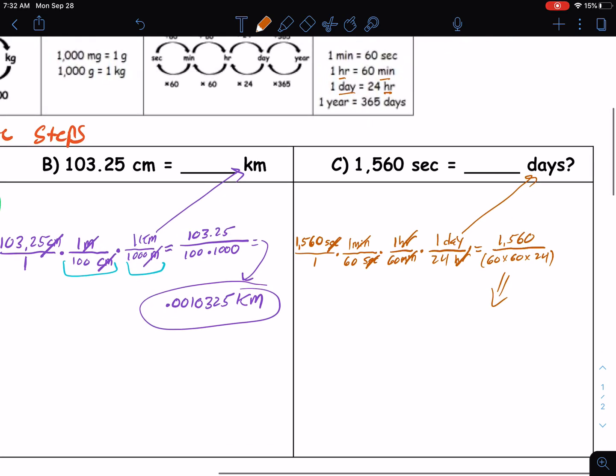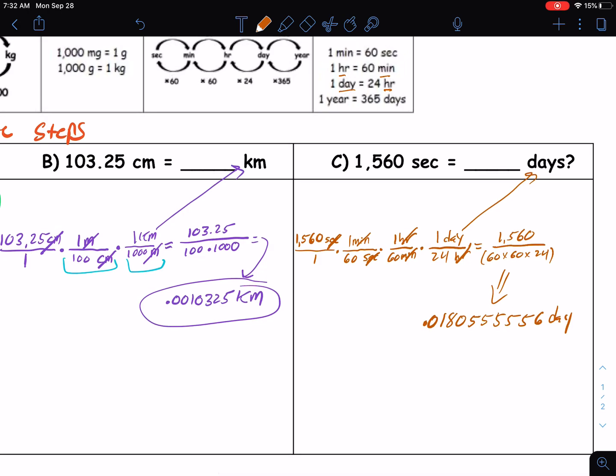After you plug that into your calculator, you get an answer of 0.01805555556 days. So even though 1,560 seconds sounds like a big number, it's not much of a day at all. It's not even a tenth of a day here.